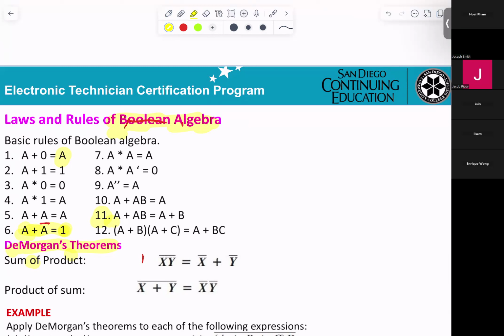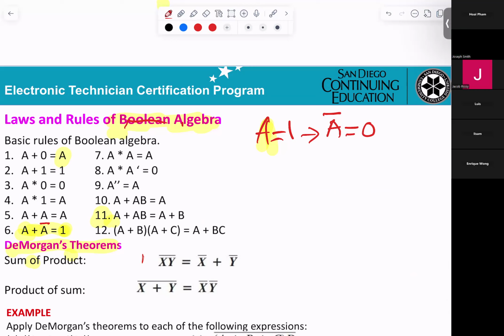A times 1 is A. A plus A is A. A plus not A: if you get an A, and now we're telling you not A, the opposite, so A plus not A equals 1.